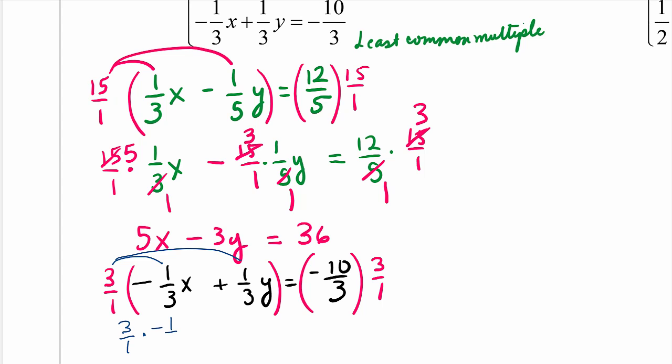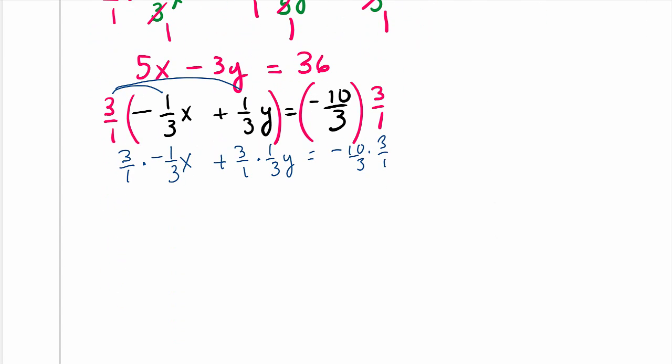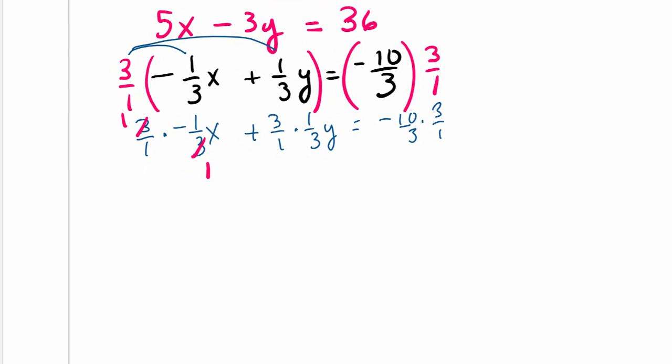Well, let's write that down, easier to follow that logic. So 3 over 1, notice how I write it 3 times, because every term gets that 3 over 1. Okay, so now again, 3 reduces 1 times 1. So here I have a negative 1x, and then again here we will reduce, plus y equals, and then here we reduce the 3's and we get a negative 10.